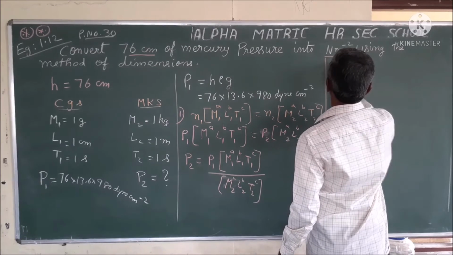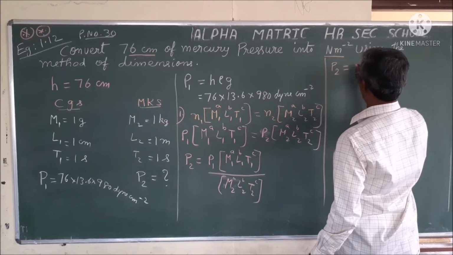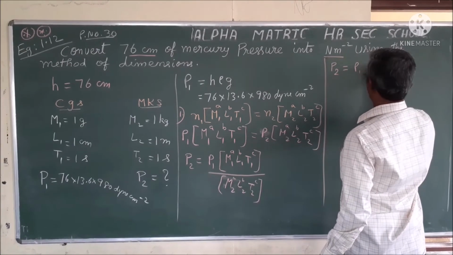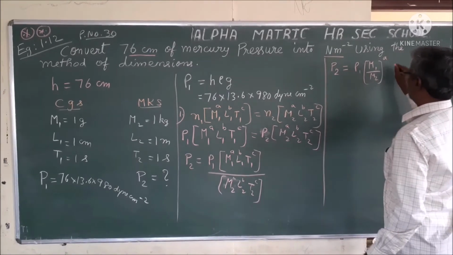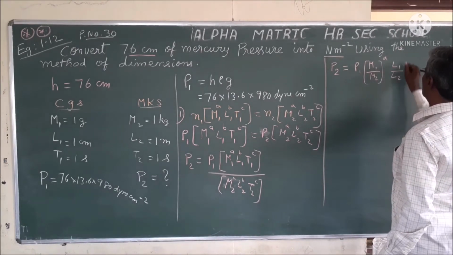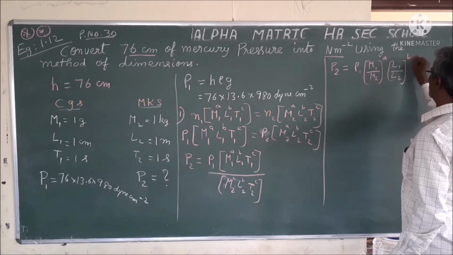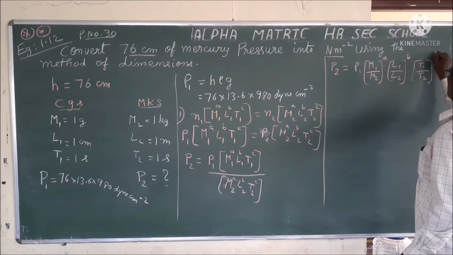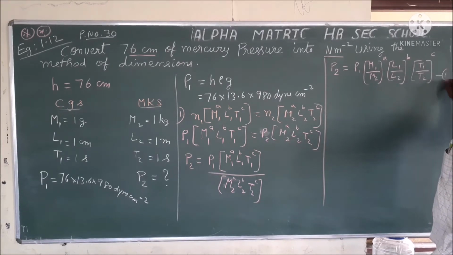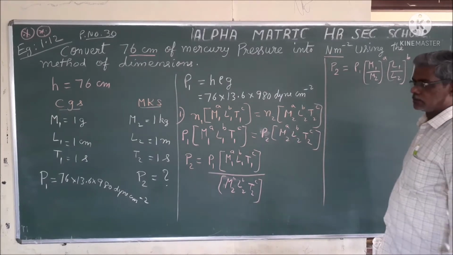So I can write P2 is equal to P1 into (M1/M2) whole power a, (L1/L2) whole power b, (T1/T2) whole power c. Let us consider this as equation number 1.